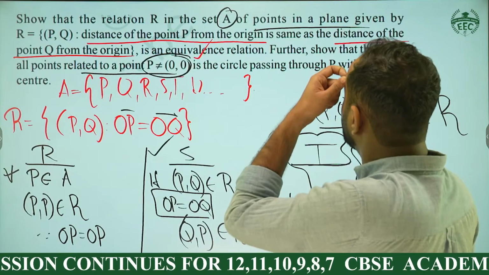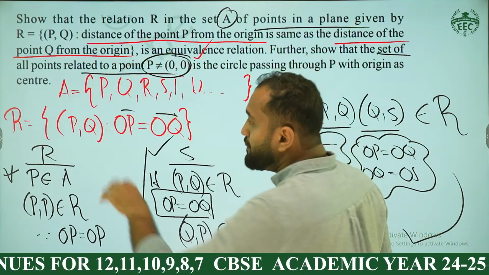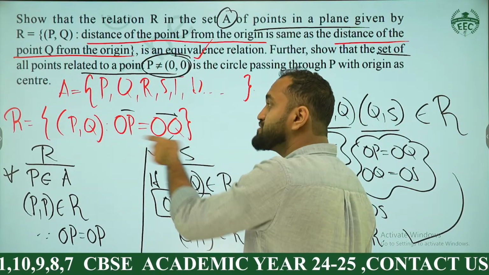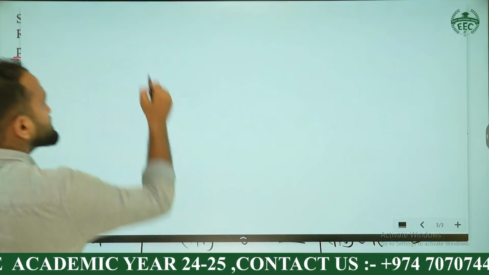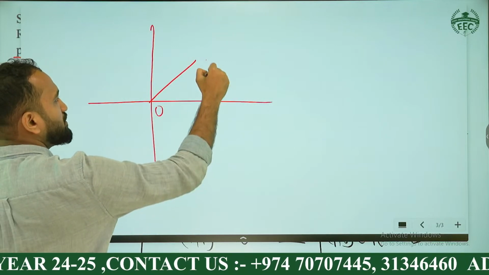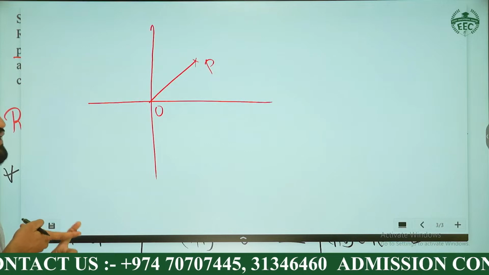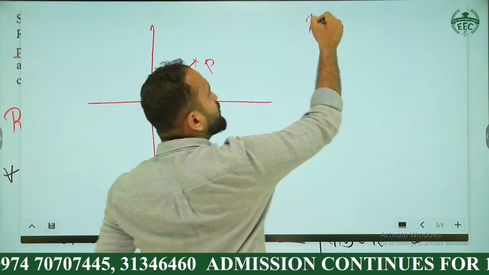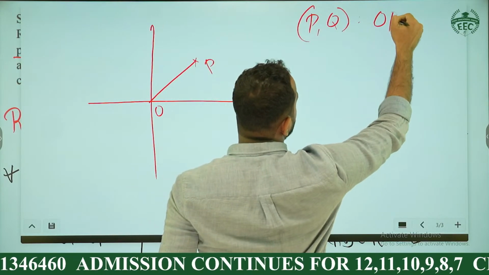So the question is to find the set of all points related to point P. The points related to point P are the Q which satisfy OP equal to OQ. If I have something like this, OP, tell me what are the points related to P. The points related to P are Q, so that I will have the pair (P, Q), because OP is equal to OQ.